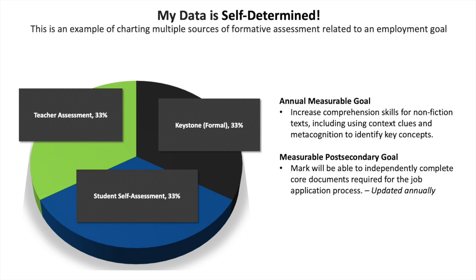We have also collected formal assessment data through the Keystone and focused on the nonfiction total score, since this is a measure of literacy skills that are likely transferable to independent reading, understanding, and completing job applications. So let's say that the skills on the Keystone align with the student's annual measurable goal, and together these informal assessments align well with their goal of being able to obtain paid employment independently.